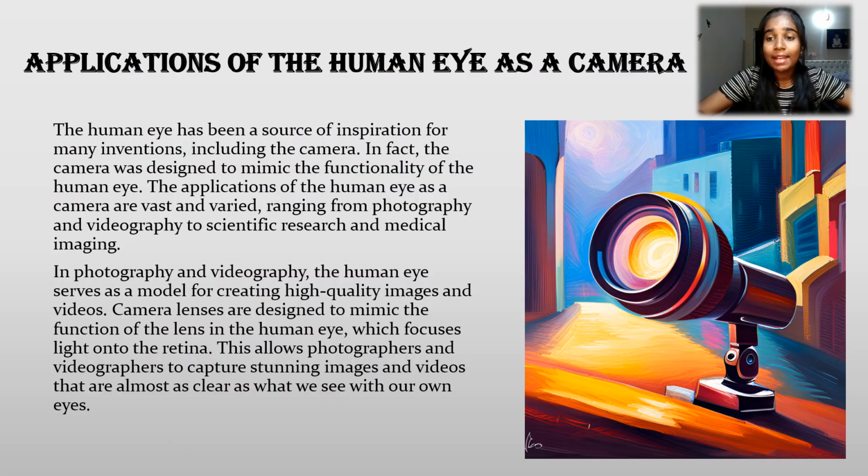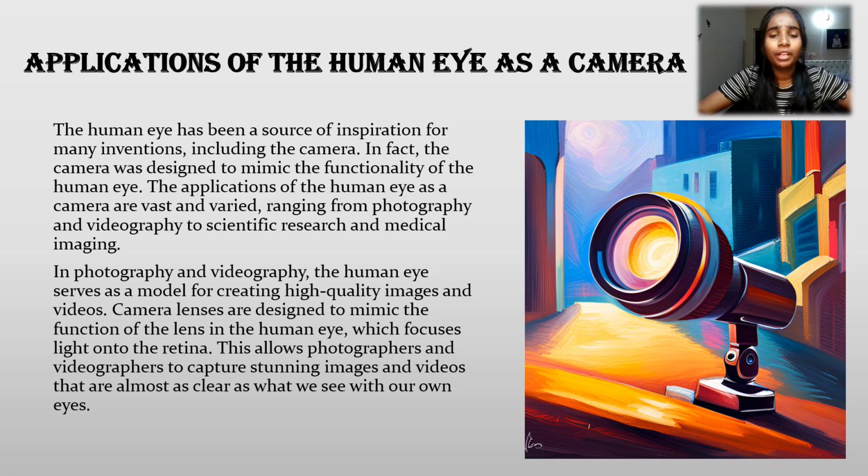Applications of the human eye as a camera. The human eye has been a source of inspiration for many inventors, including the camera. In fact, the camera was designed to mimic the functionality of the human eye. The applications of the human eye as a camera are vast and varied, ranging from photography to videography to scientific research and medical imaging.